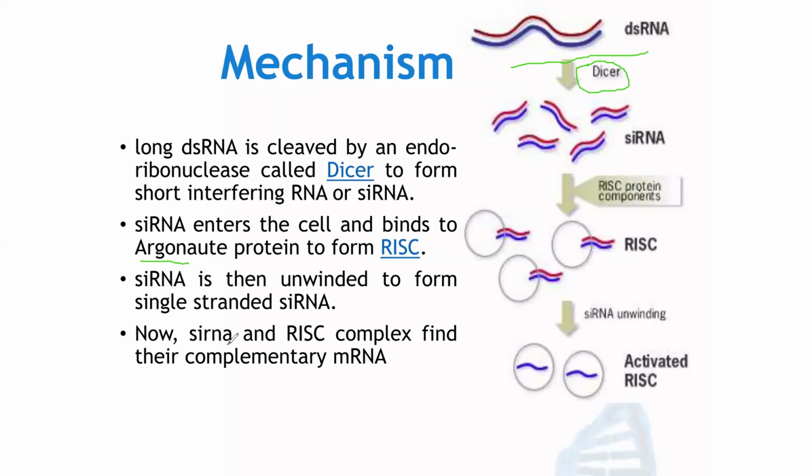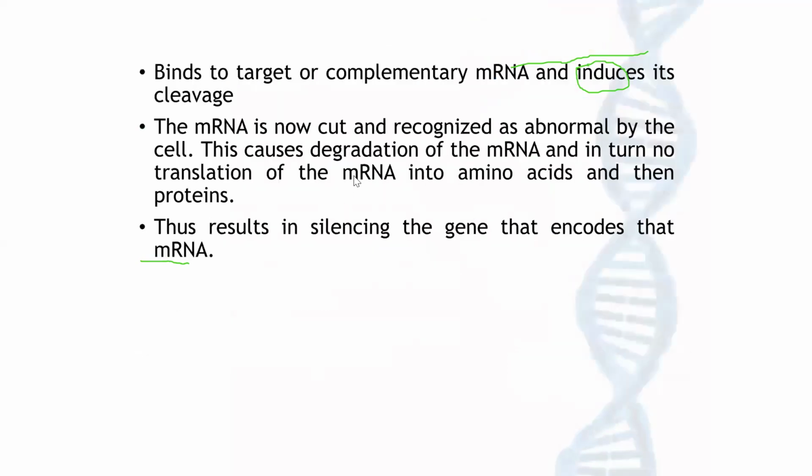And this RNA-induced silencing complex finds its complementary mRNA. The RNA-induced silencing complex is always complementary to the target mRNA. Once it recognizes or identifies the complementary mRNA, it will bind to it and induce its cleavage.